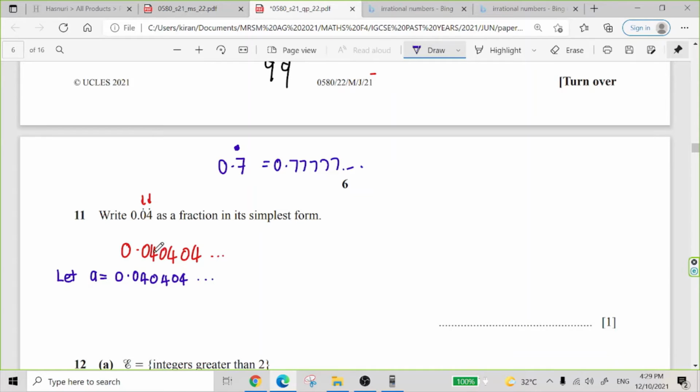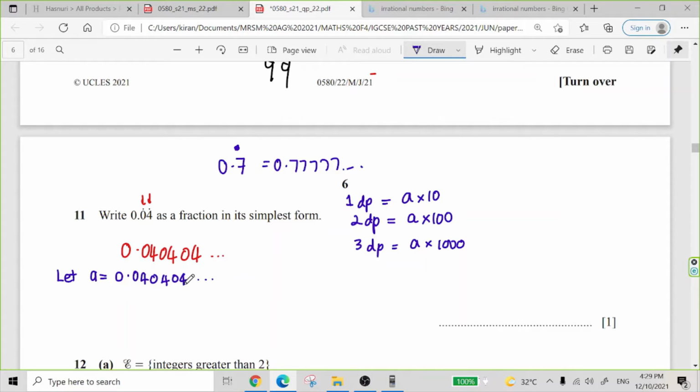Since we want to remove these two recurring decimal places, we multiply a by 100. If 1 decimal place is recurring, we multiply a by 10. If 3 decimal places are repeated, we multiply by 1000. So for this part we put a equal to 0.040404.